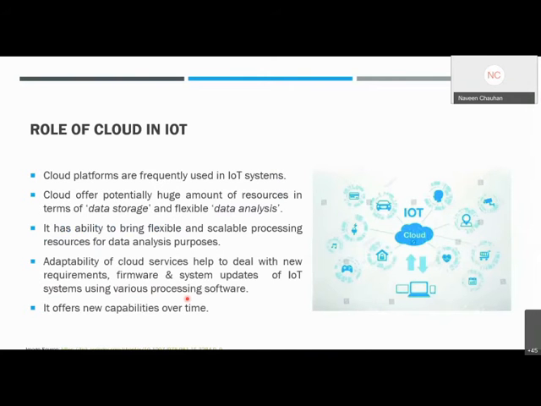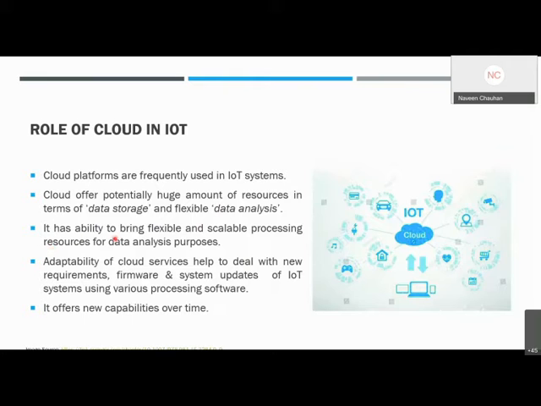Now, what is the role of the cloud in IoT? Cloud platforms are frequently used in IoT systems. Cloud offers a potentially huge amount of resources in terms of data storage and flexible data analysis.